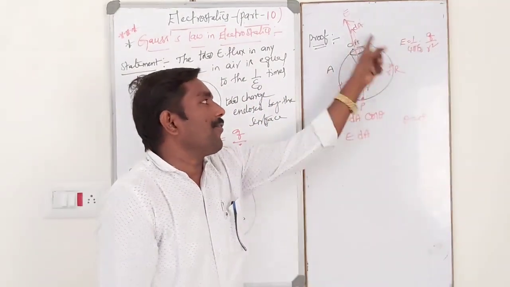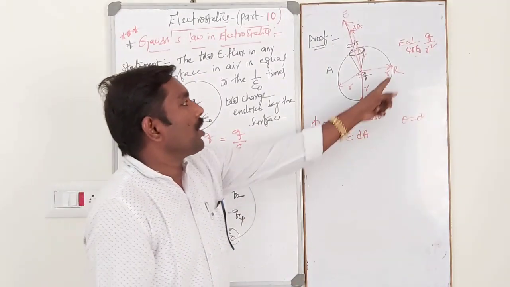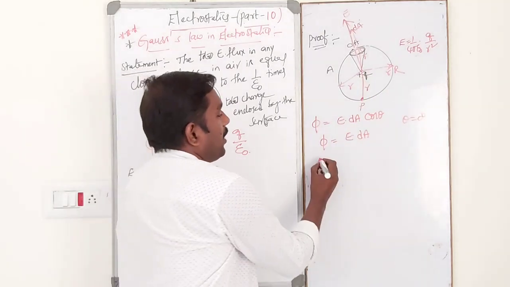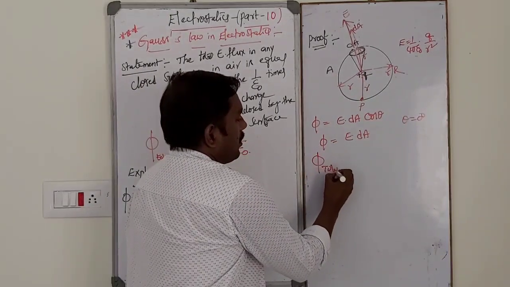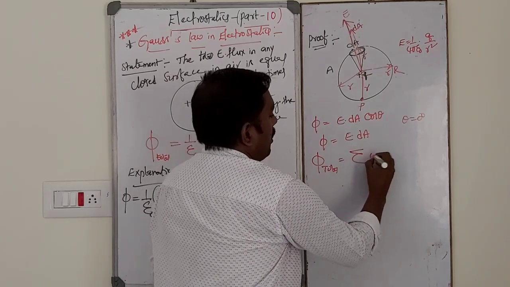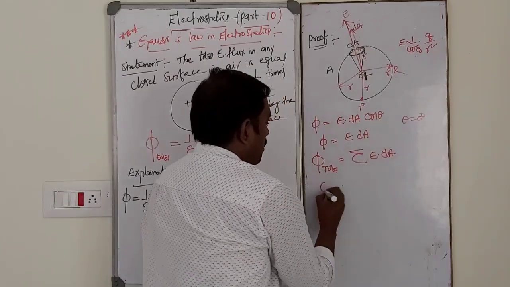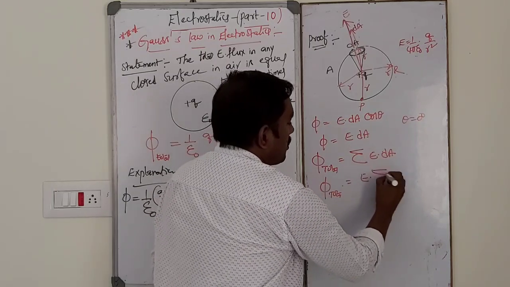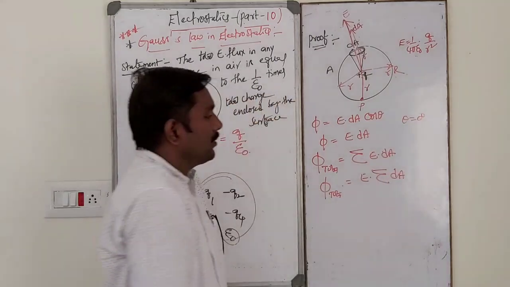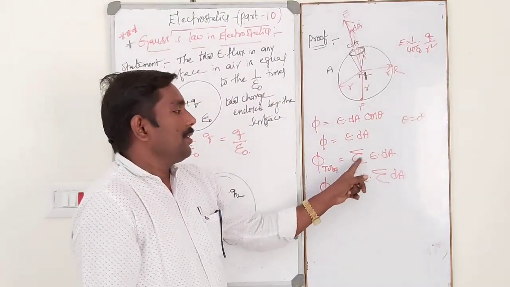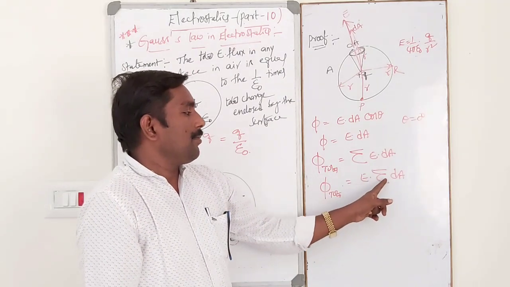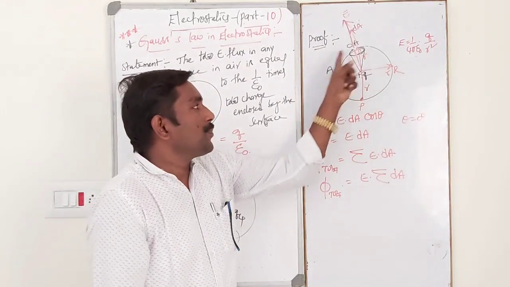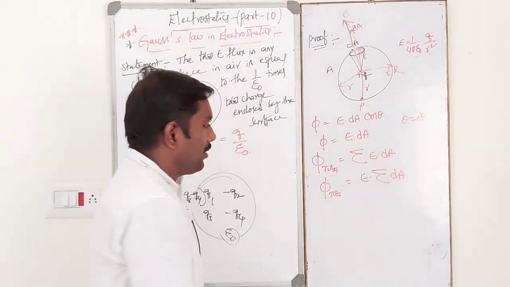I want the total flux passing through the surface. Sigma E dA, so E sigma dA, with E outside and sigma inside. This sigma dA is nothing but the total area. What is the total area of this spherical surface? 4 pi r square.